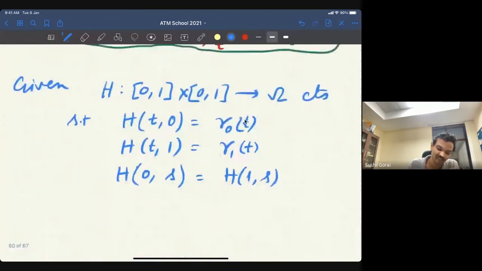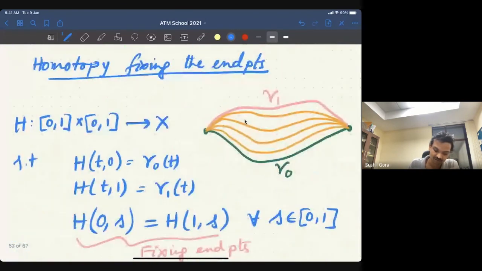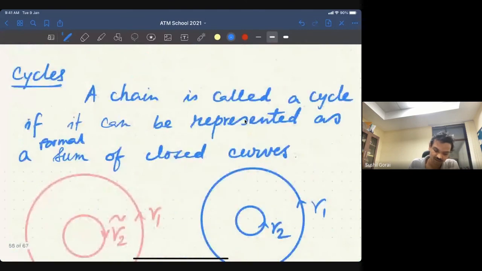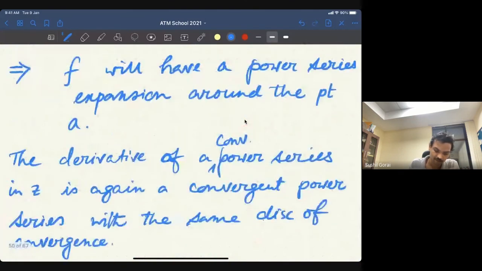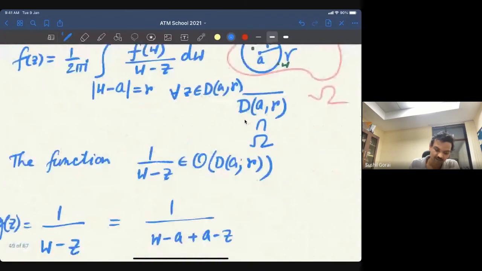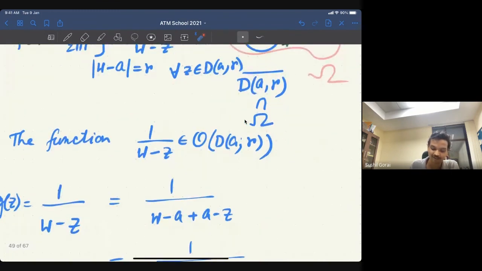So you'll see the details maybe in some lectures. Here, let me go back to Remark 3. So what we proved is that holomorphic implies you have the Cauchy integral formula, right? Once you have the Cauchy integral formula, you can get a power series expansion using this.